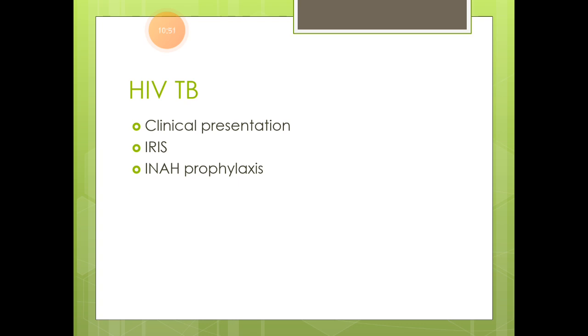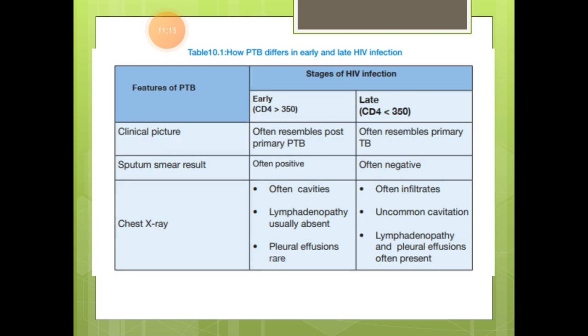And then you must know about IRIS, that's Immune Reconstitution Inflammatory Syndrome. There are two types of IRIS, so you should refer to those two types. It's mentioned in the guideline. And then you should know INH prophylaxis under this topic, HIV TB.